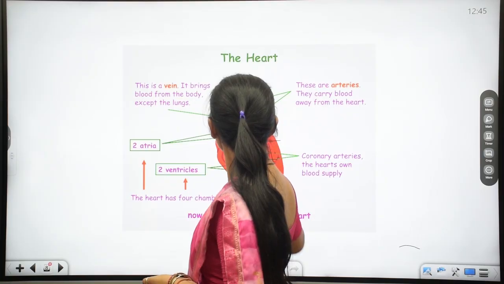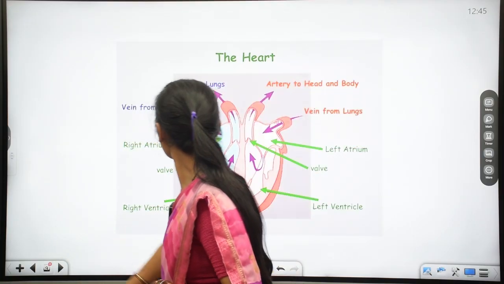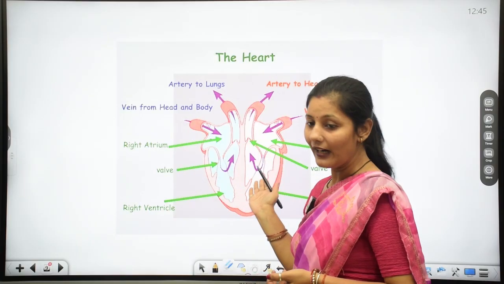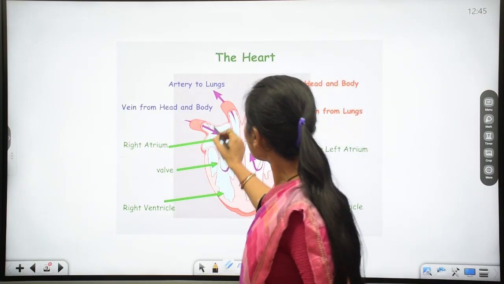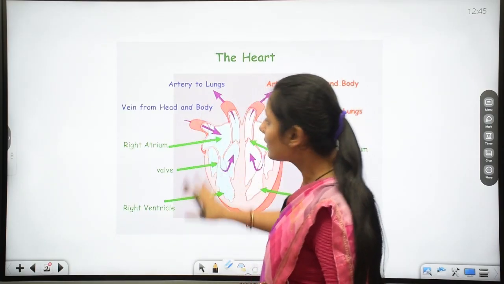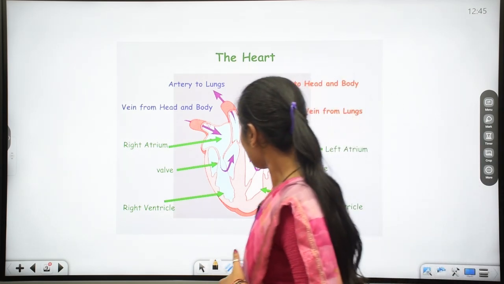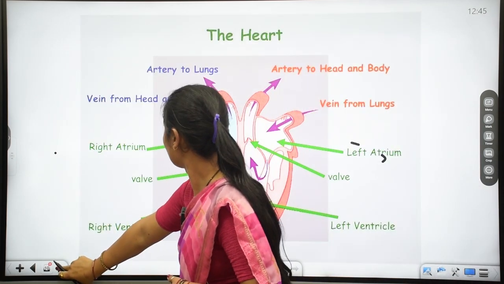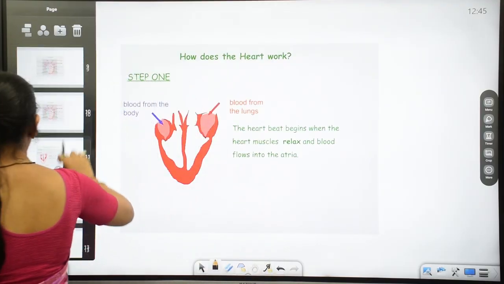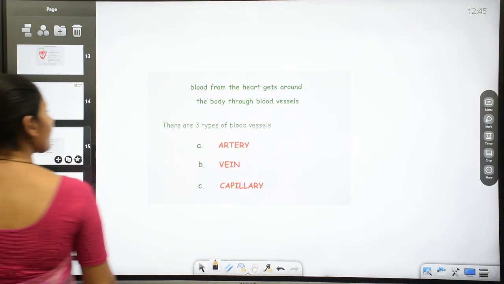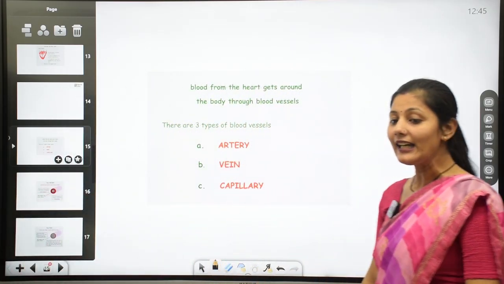Okay, now come to the next thing. This is the internal structure of the heart. Now see, these are the veins which carry the blood inside the heart. First we will discuss the types of blood vessels. We have 3 types of blood vessels.